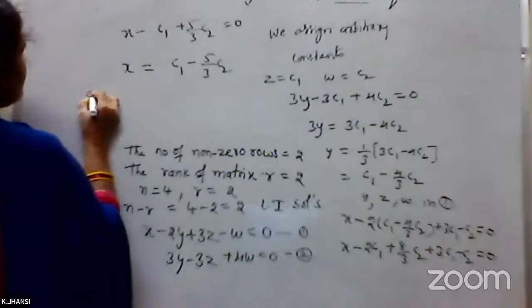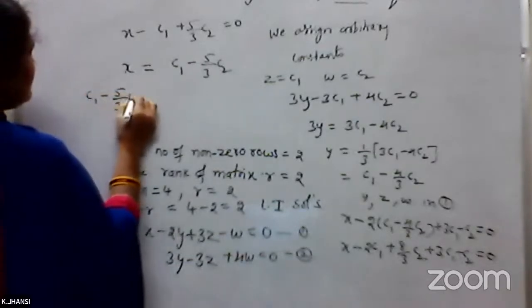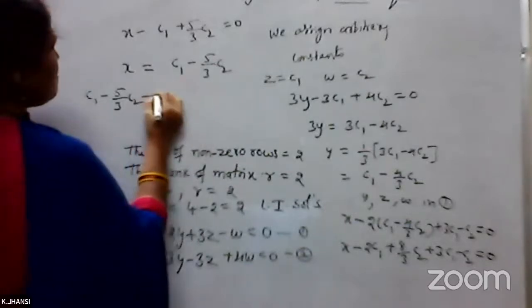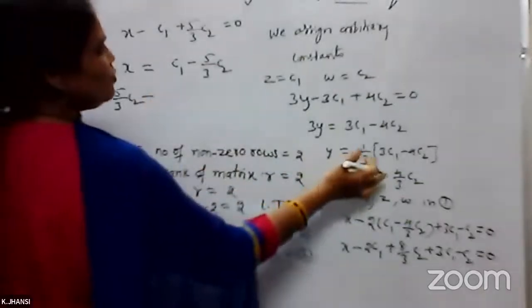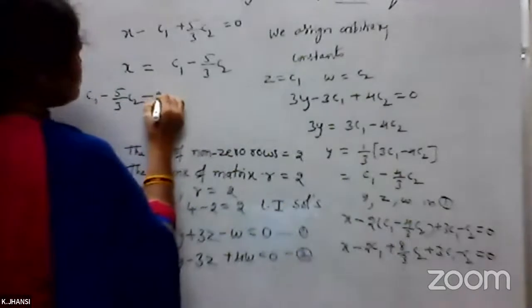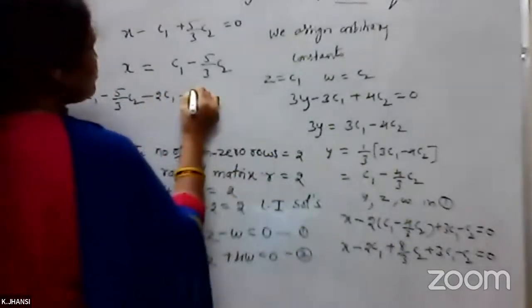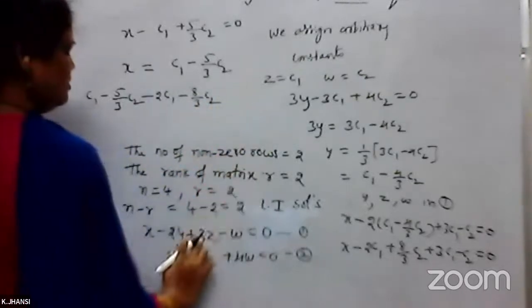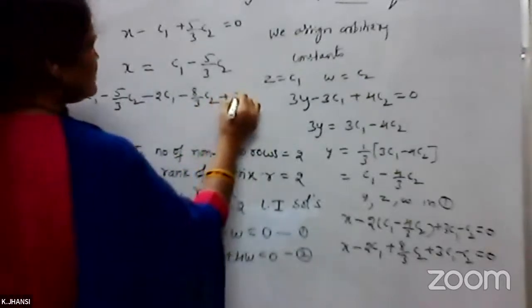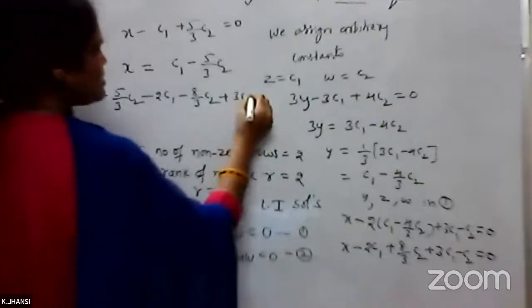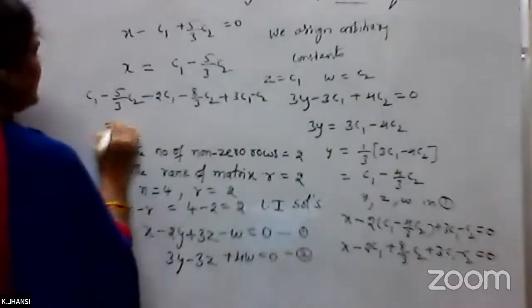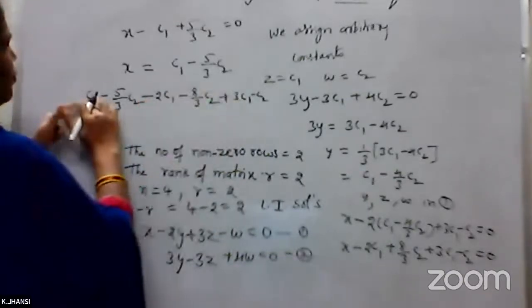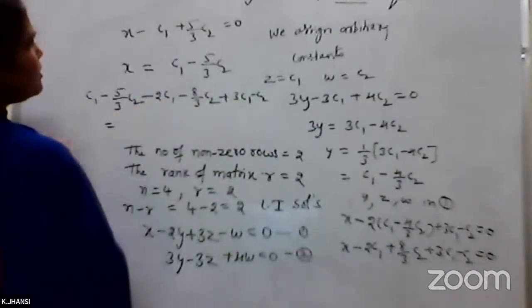So x is c1 minus 5 by 3 c2, minus 2y, where y is c1 minus 4 by 3 c2, plus 3z, means plus 3c1 minus c2. You have to get it as 0.